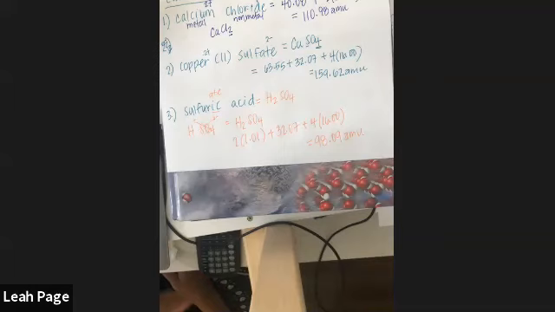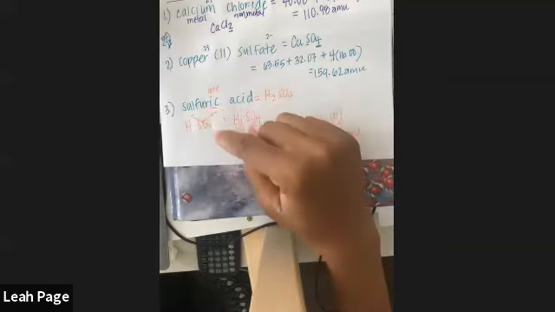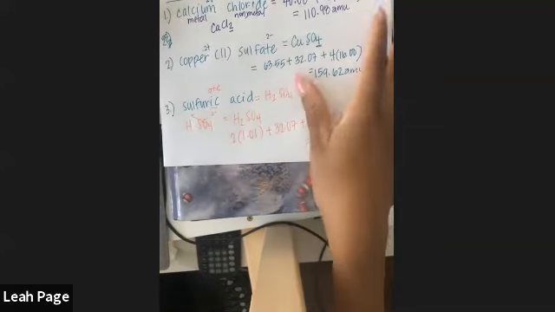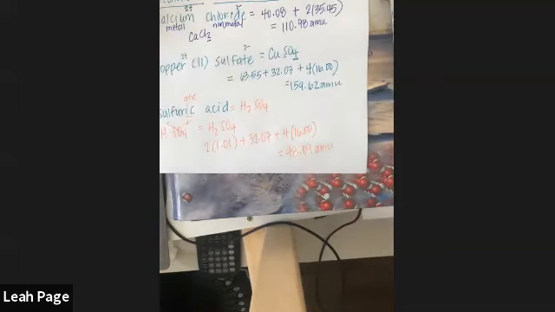Wait, I do have a question. For H2, I'm kind of confused because how did you get H2? Because sulfate has the formula SO4 2 minus. So if we look at our polyatomic ion sheet, where's mine? Where'd I stick it?